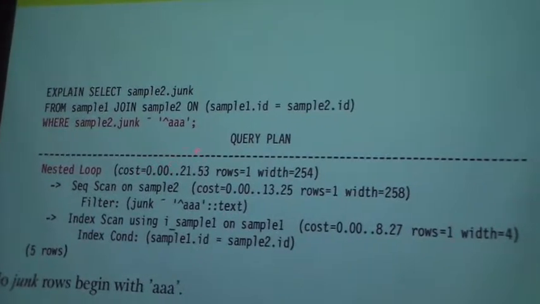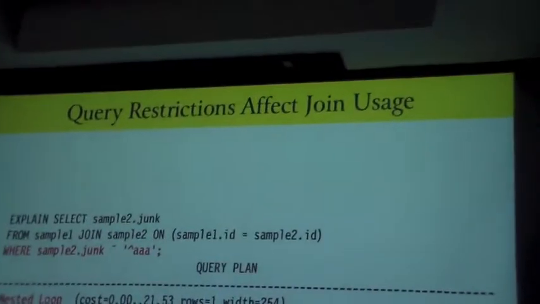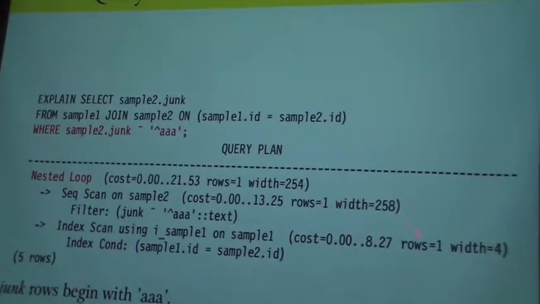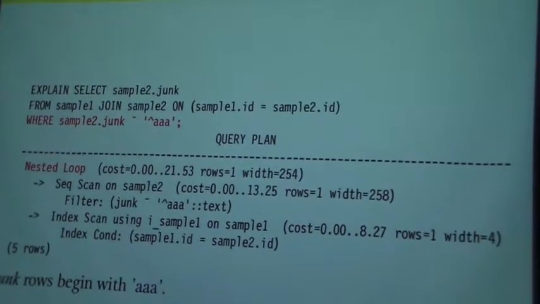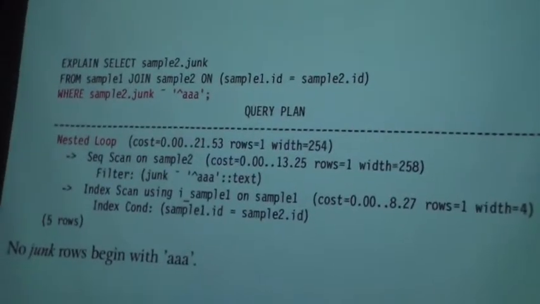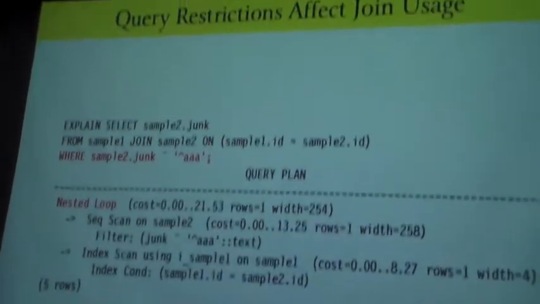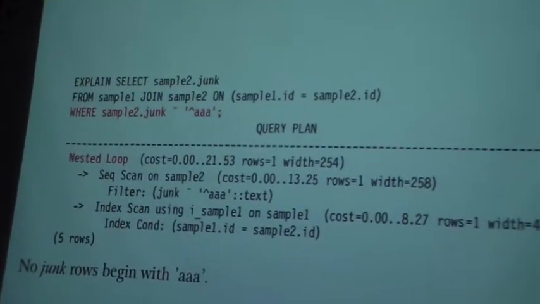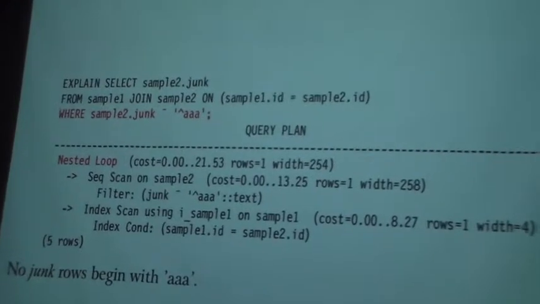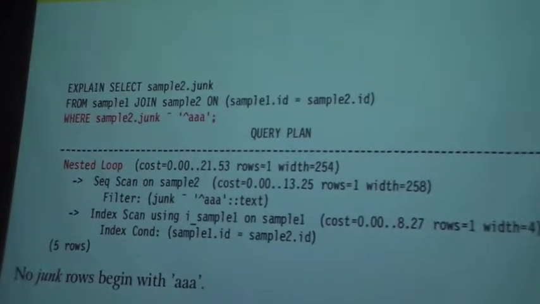But it kind of takes my word for it, and it says, okay, I'm going to assume there's one A matching here, and I'm going to assume there's one A matching here. Statistics tell me 0, but I'll assume 1. So it even knows for a non-indexed column how selective that is, and it does affect what it ends up doing in terms of joins and in terms of index lookups.